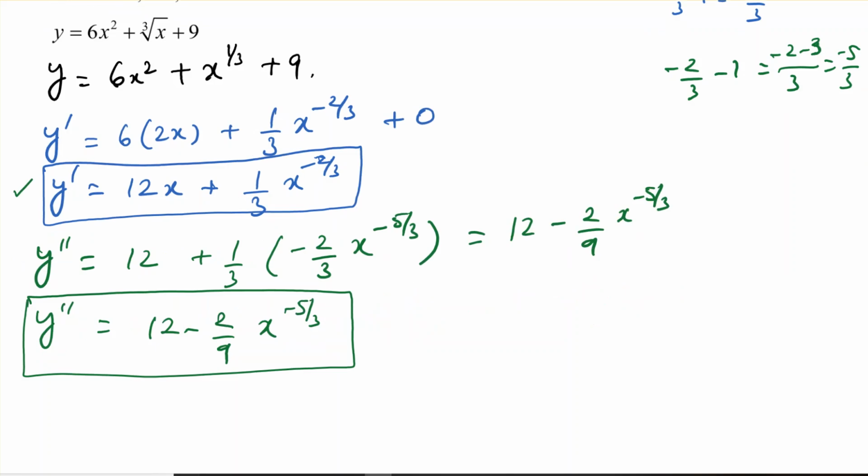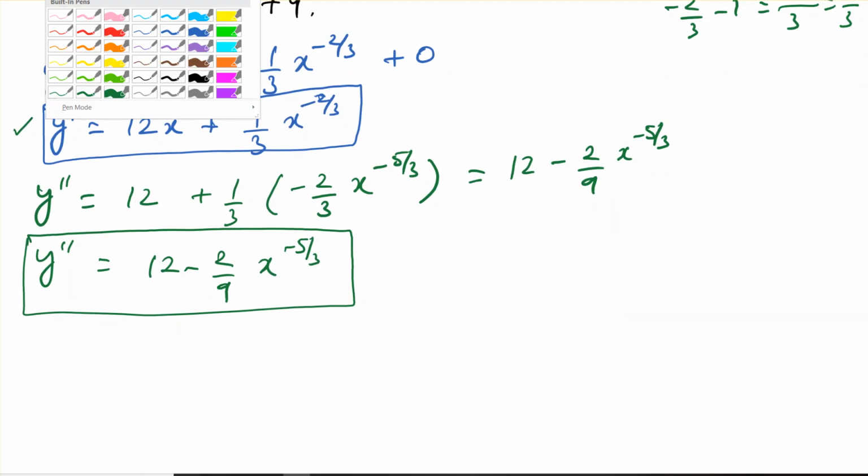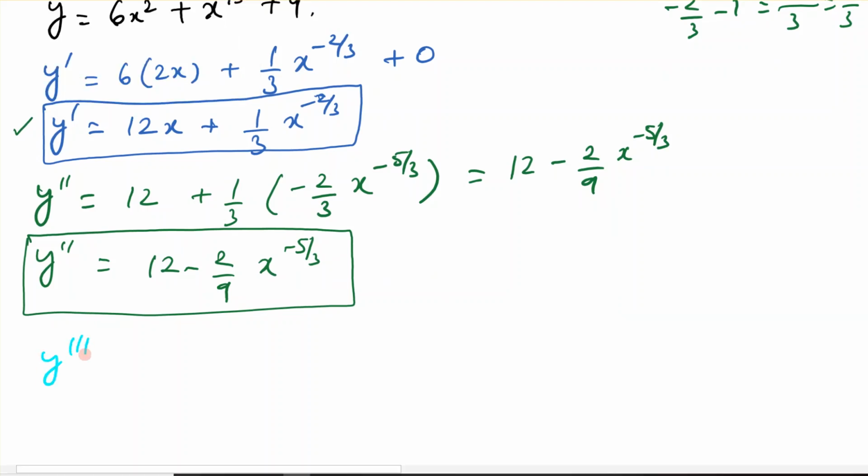So next we're going to find our third derivative. So we're going to take the derivative of this expression again. So the third derivative would be: the derivative of 12 is 0. Minus 2 over 9 is just a constant factor. And bring the power down, reduce the power by 1. So in this case, the power will be negative 8 over 3.